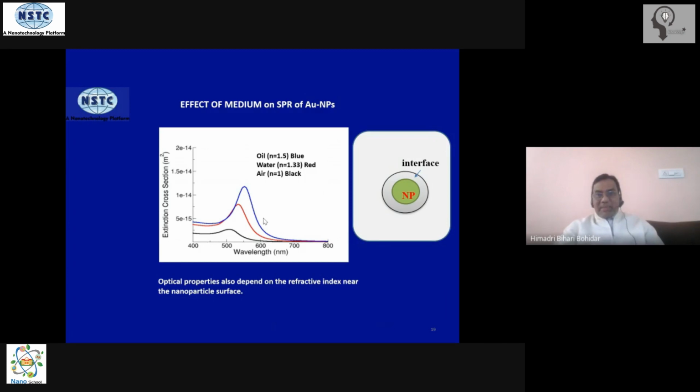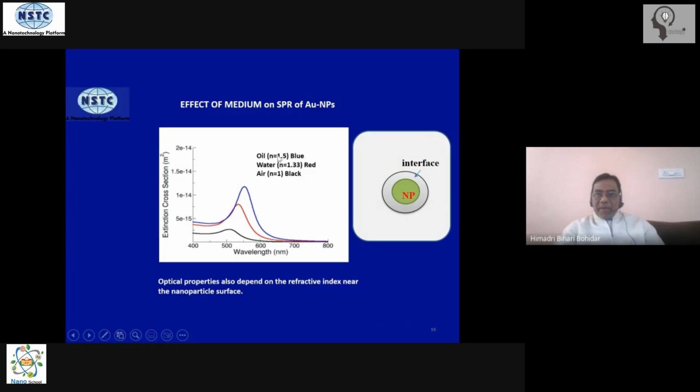Why is this happening? The reason is you have this nanoparticle, and on the surface of the nanoparticle, whatever material is there in the medium, that material comes and makes a layer or a corona around this thing. And this interface actually is responsible for giving rise to this phenomena.